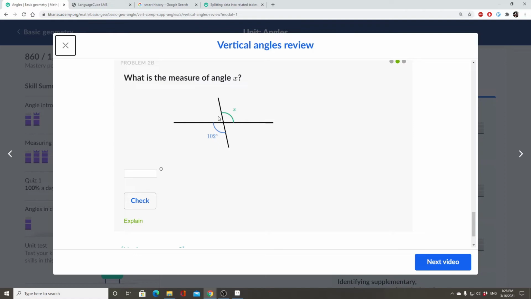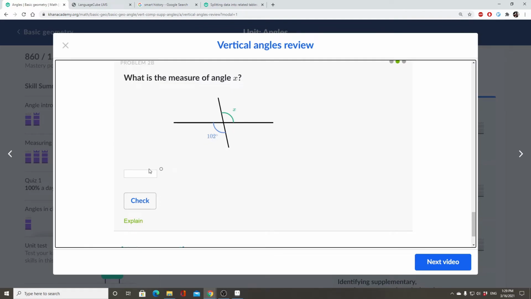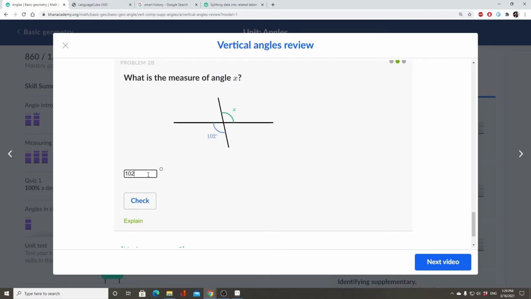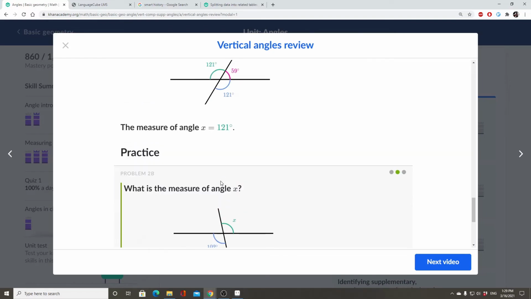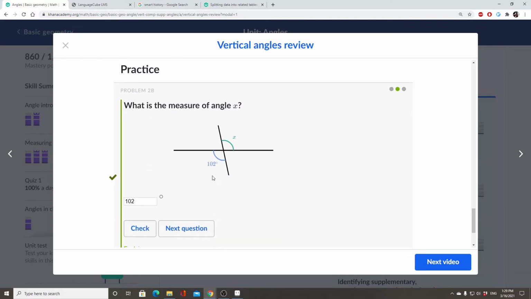So let's assume that's 98. Okay, so 180 minus 98 is 102. So is that 102? Yes, it is 102. There it is. Okay, so that actually works. That's the math they want me to do to figure this out.